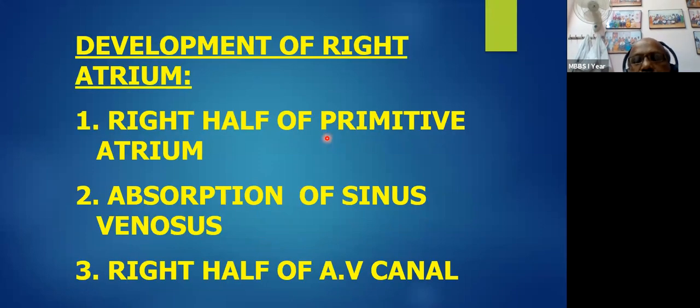On the day itself I told you the anterior rough part, or anterior muscular part, is derived from the right half of the primitive atrial chamber. The posterior smooth part is derived from absorption of the right horn of the sinus venosus. A very small part of the right atrium is formed by the right half of the atrioventricular canal.